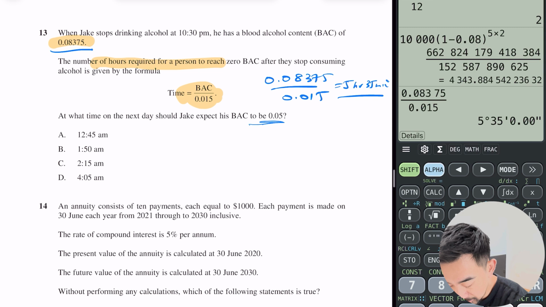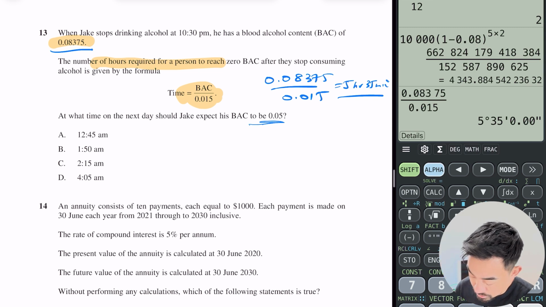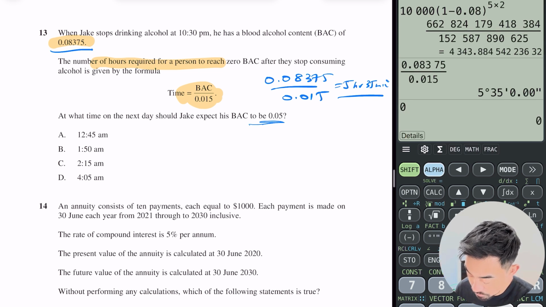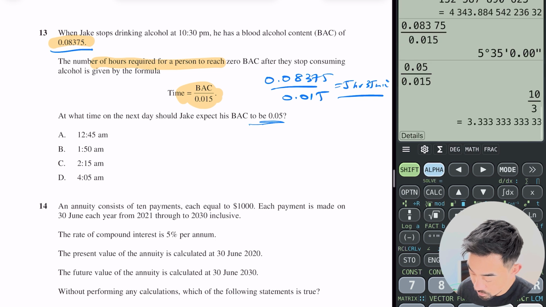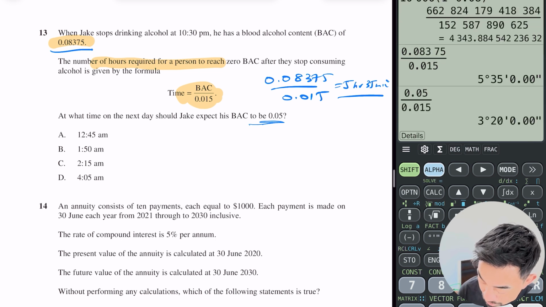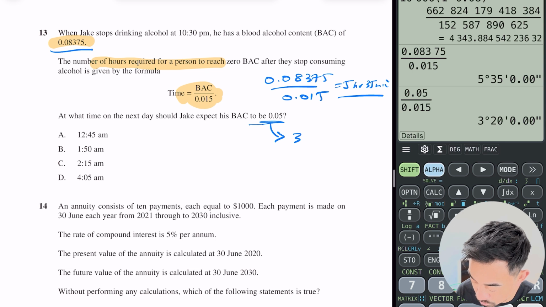So how long would it take to get to 0.05? 0.05 over 0.015, so this would take 3 hours and 20 minutes.